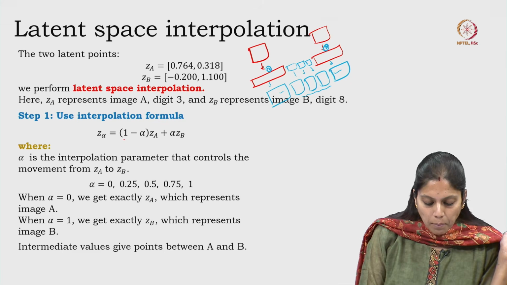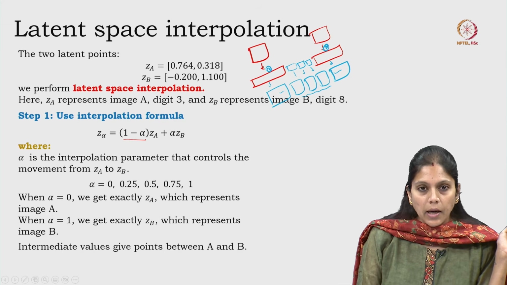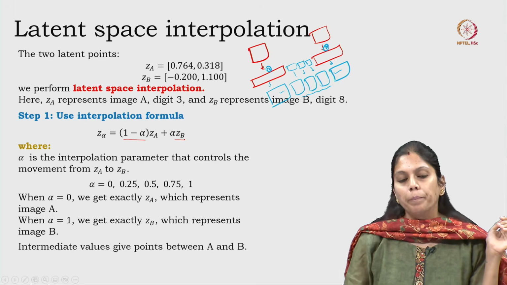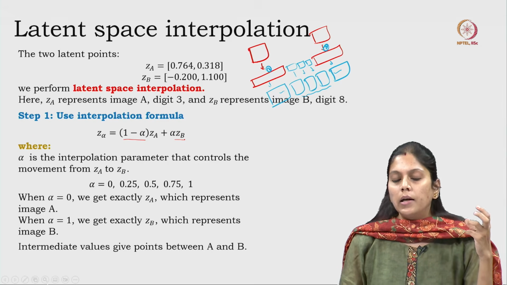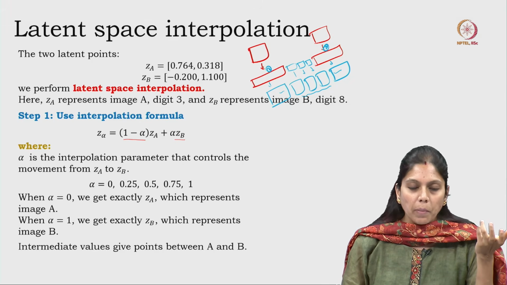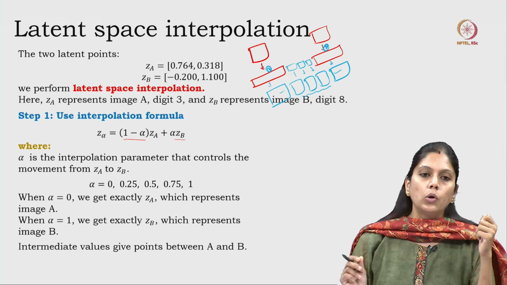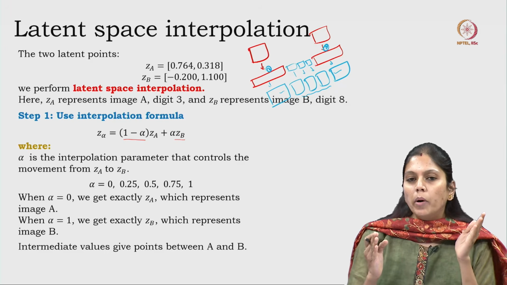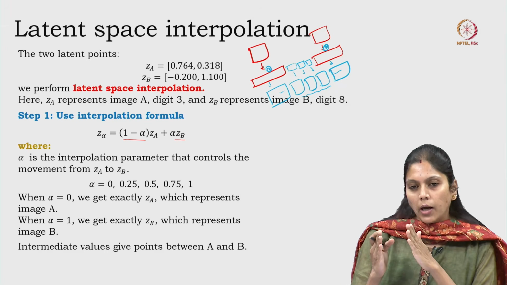It is (1 minus alpha) ZA plus alpha ZB. Now what is alpha here? It is a hyperparameter or interpolation parameter that mainly controls the movement, how much you want to move from ZA to ZB.